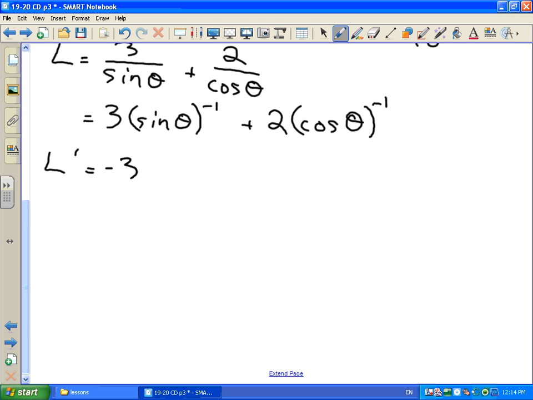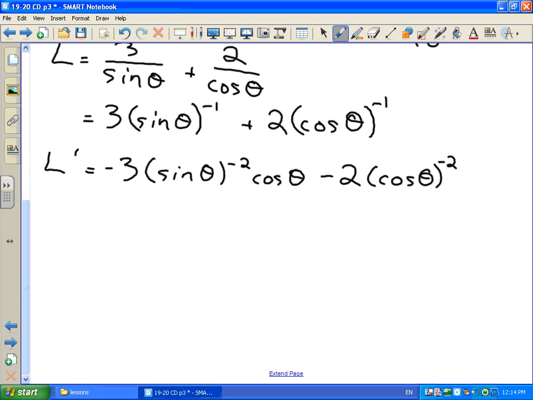The -1 comes down. Sine theta to the -2 times cos theta, applying the chain rule. -1 comes down, giving me -2 cos theta to the -2 times the derivative of cos theta, which is negative sine theta.